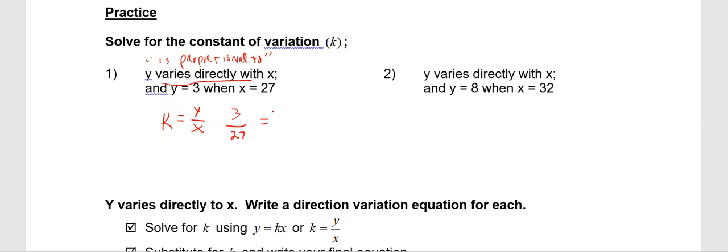To be consistent, we're not going to solve this out as a decimal. We're just going to reduce it and leave it in fraction form. So my k value is not 3/27, it's 1/9. That's as straightforward as it gets.